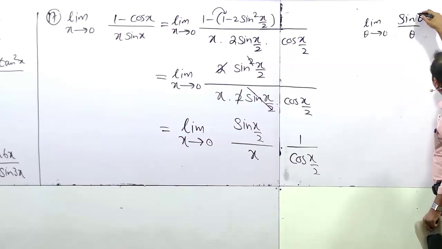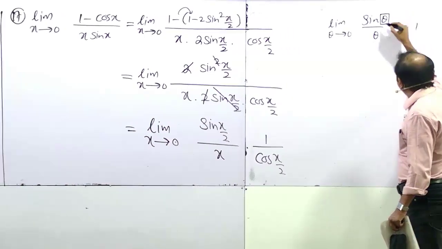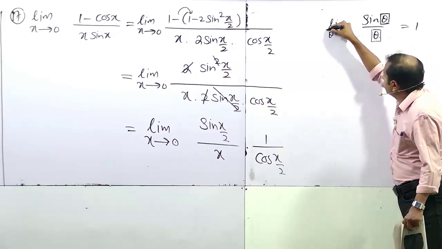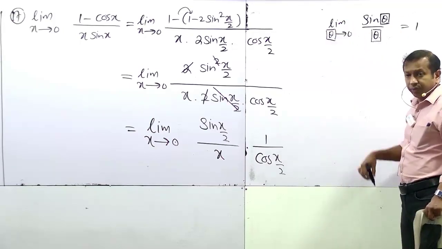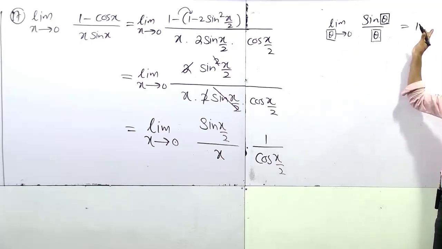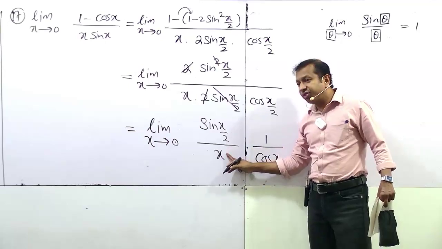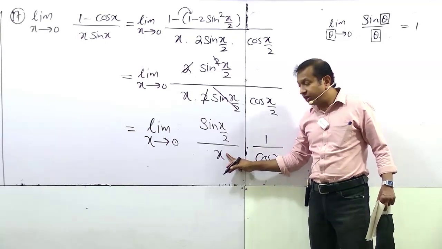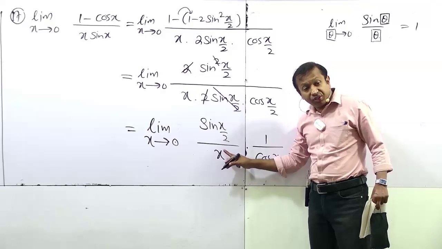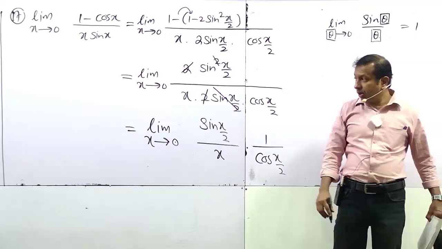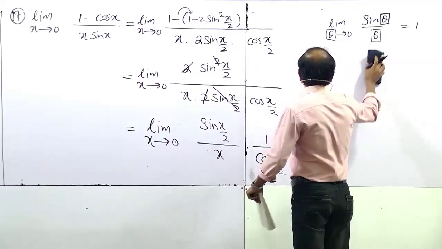That means the angle in the denominator should be the same angle, and that angle only should go to 0 under the limit. But here you have x by 2 in the sine, and here we have x. Then to apply this theorem we have to have x divided by 2, otherwise you can't.